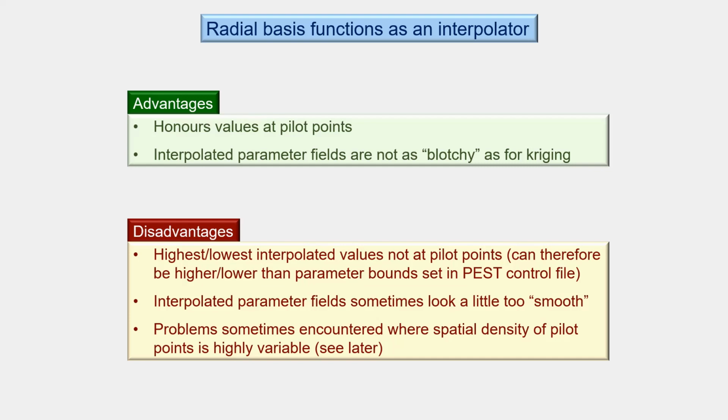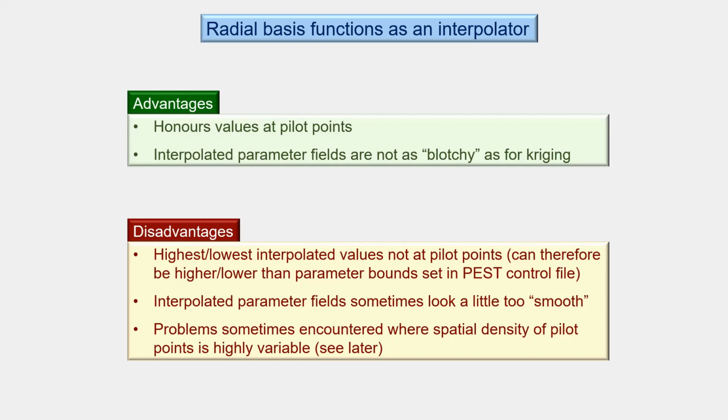One problem, however, is that because of the nature of this interpolation, the highest and lowest values ascribed to the interpolated parameter field tend to occur between the pilot points rather than at the pilot points. Now, when the highest and lowest values are at the pilot points, as they are with kriging, that means if we apply bounds to parameters in a PEST control file, those bounds effectively apply to the interpolated parameter field and not just the pilot points.